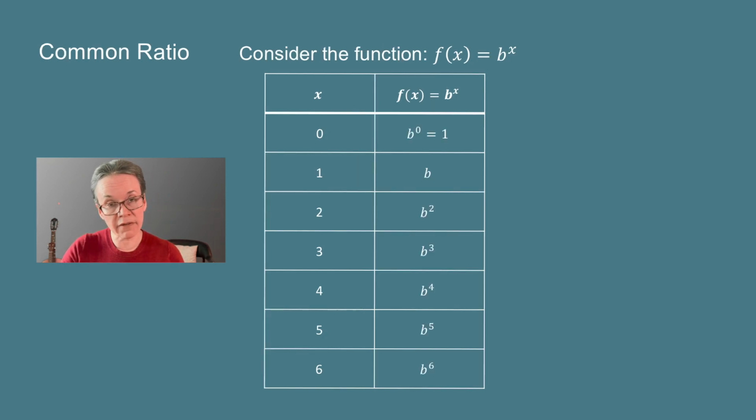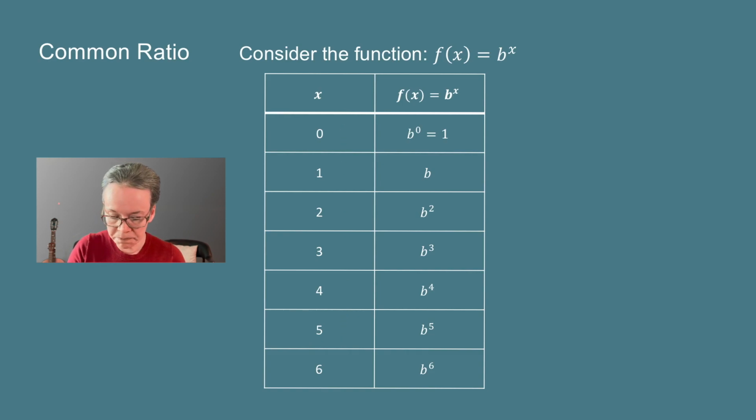Notice that here I have the same table, and the y values are already included in the column. How did I get that? Here is the expression for the function, b to the x. Wherever I see x, in this case in the exponent, that's where I will be substituting the x values that I selected.